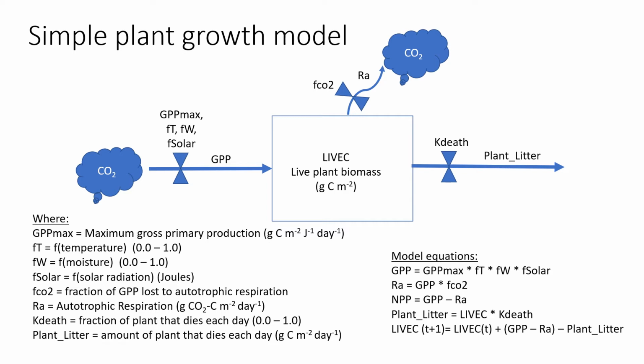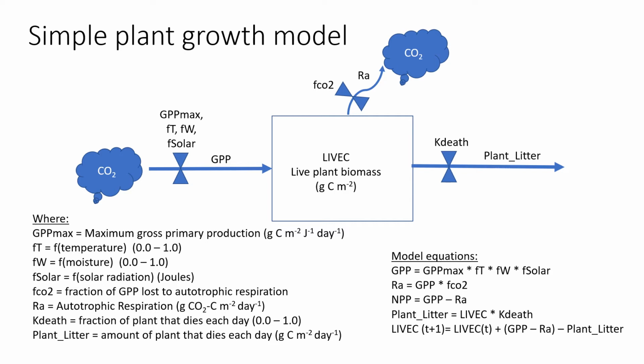So there's a maximum rate of GPP, and then there's some function of temperature, which is represented by F of T, some function of soil moisture or water, represented here as FW, and some function of solar radiation that's going to regulate GPP. And then in this simple model, there's just a fraction of what goes in that comes out as autotrophic respiration.